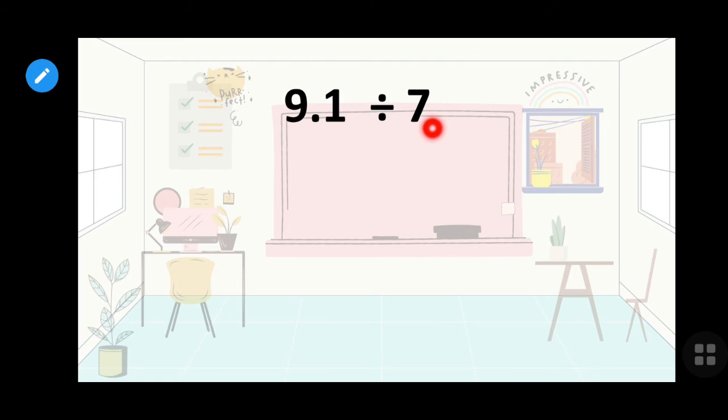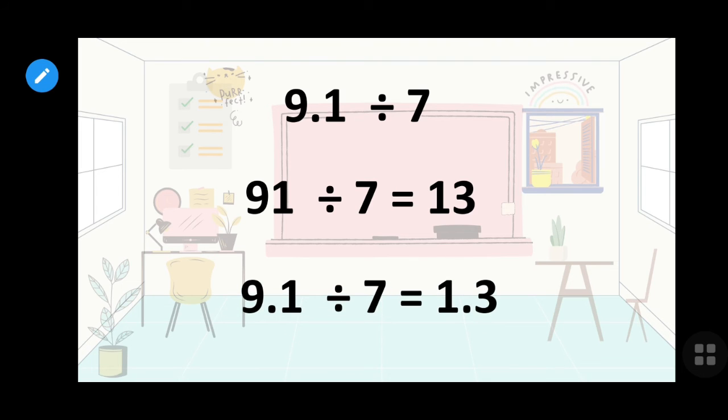So how do we do it? We just disregard this decimal for a while and we write it as 91 divided by 7, that is 13. So see, we just didn't forget it. We have to come back to the decimal, but just for a while until we get the answer, we disregard it and we took 13 and we got the final answer as 1.3.